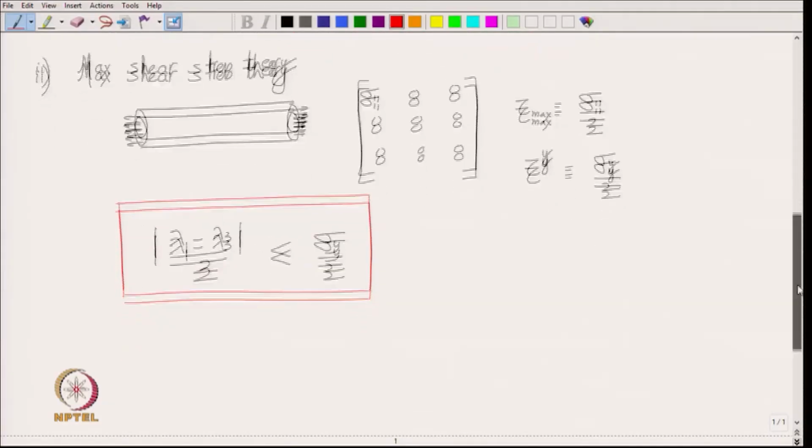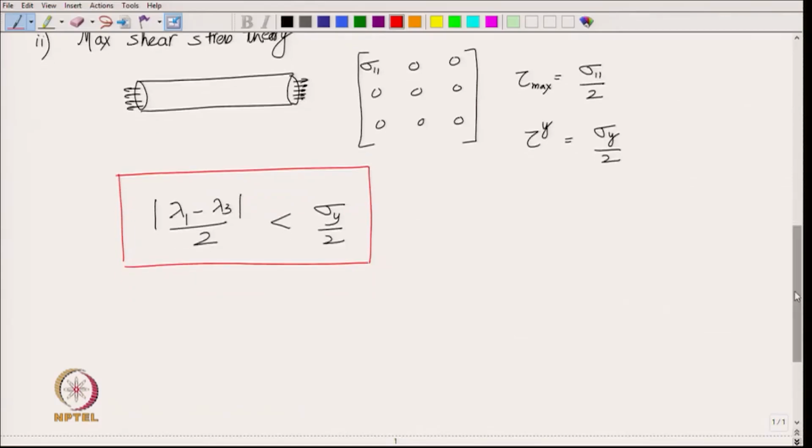Okay. And how did we get sigma y? That is from the simple tension test. You see, we can also obtain the critical value of shear stress from a torsion test. If you do a torsion test, you will have your circular beam and you are going to apply torque at the two ends, right.